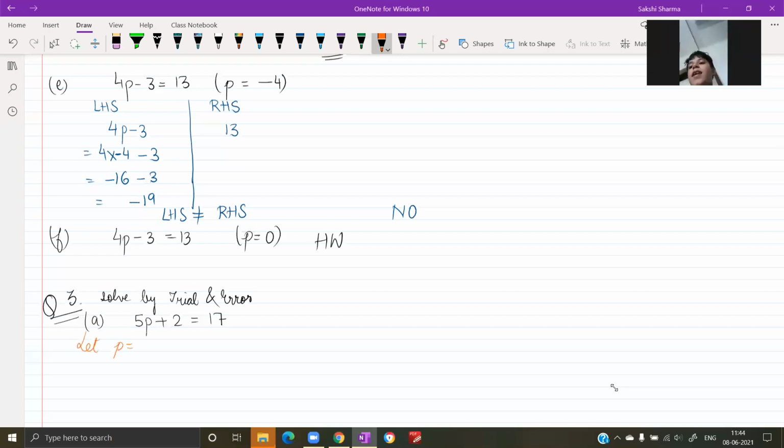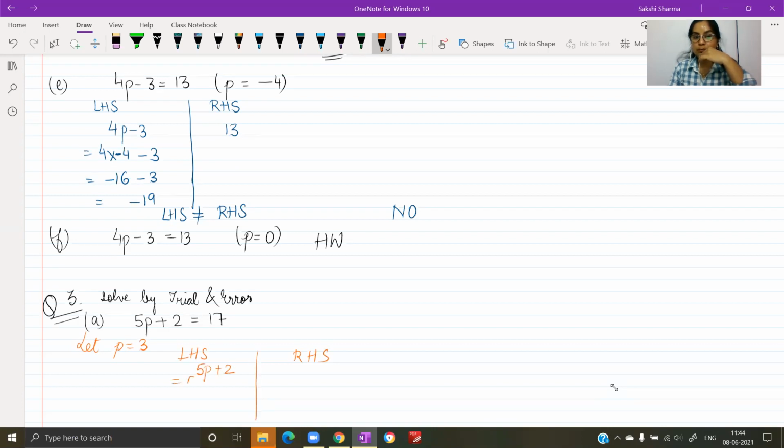We are going to guess that. Let P be 3. So left-hand side, right-hand side. If I let the value as 3, what happens to the left-hand side and right-hand side? Show your work. And we can tell that the two sides are equal.